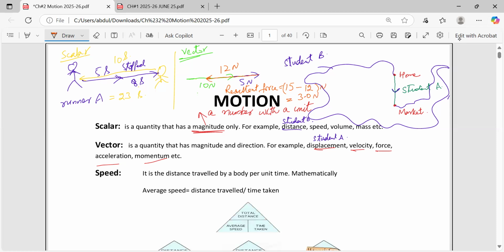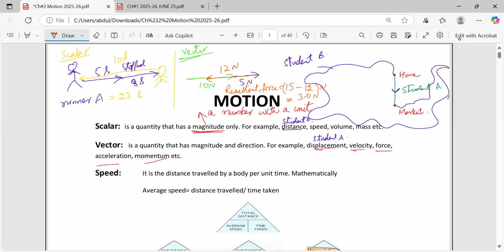One understandable example is the weight of our bodies. We will be discussing this topic, weight, next week. Our weight is always directed towards the center of the earth when we are on this planet, because weight is caused by the pull of gravity, and the pull of gravity is always toward the center of the earth. Very important, my dear friends, so you have to be very careful regarding this.